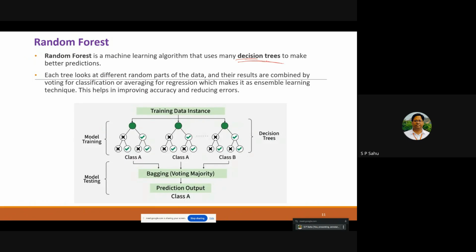The concept of the decision tree is well known to all of you. Just to recall, what is a decision tree?